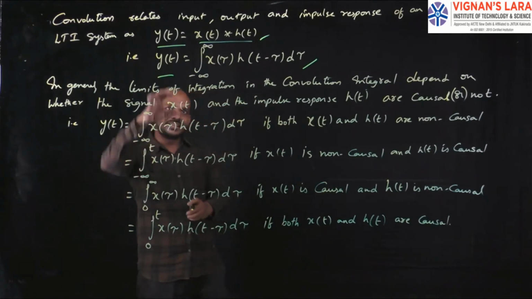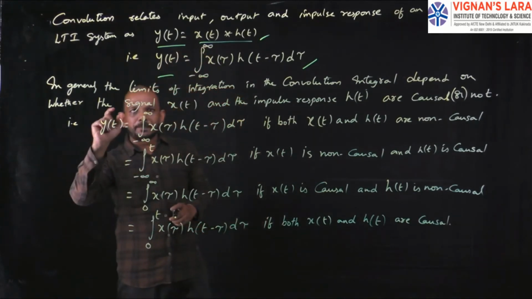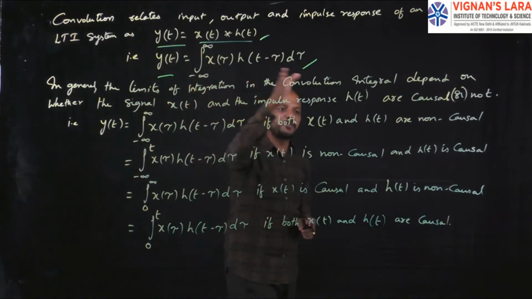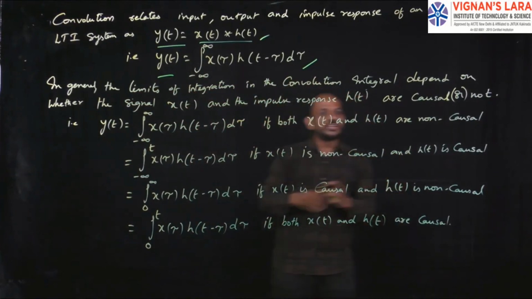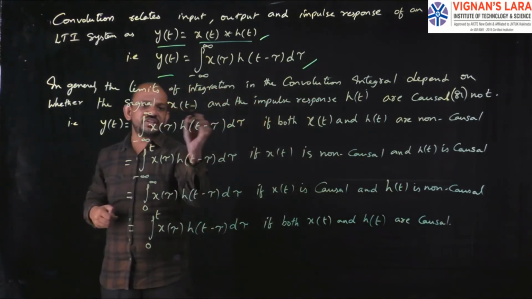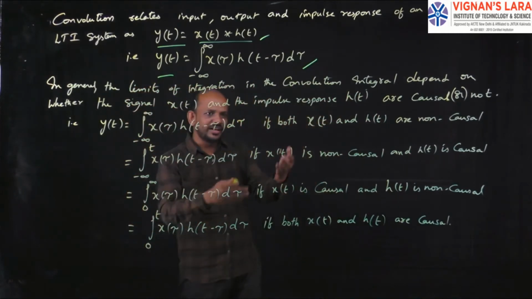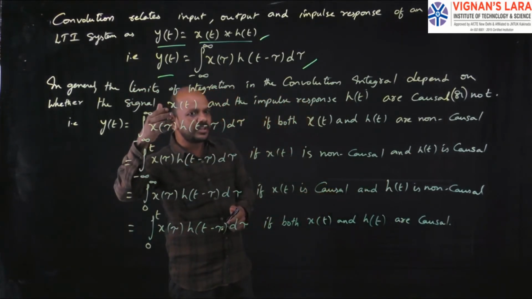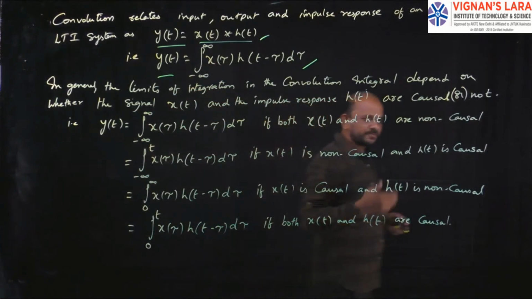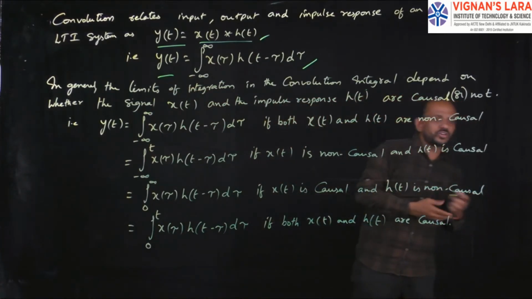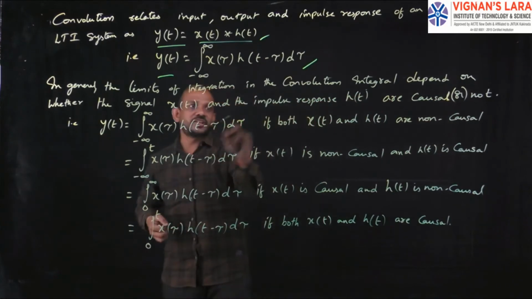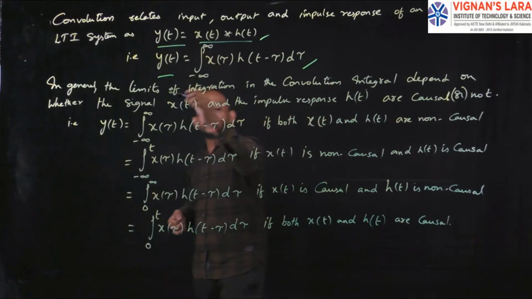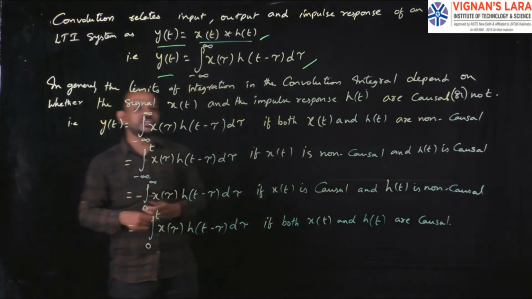So the limits will change with x of t and h of t, whether they are causal or not. Some signals may be causal and some may be non-causal. In the same way, the impulse response h of t may be causal or non-causal. Depending on whether x of t and h of t are causal or not, we have different limits for the integration in the convolution integral.